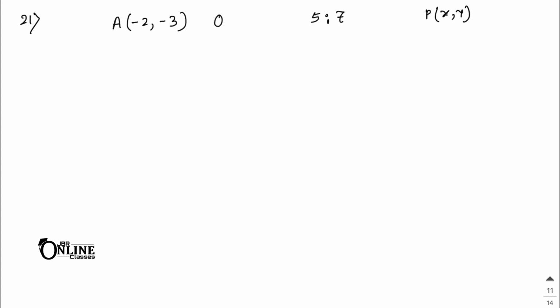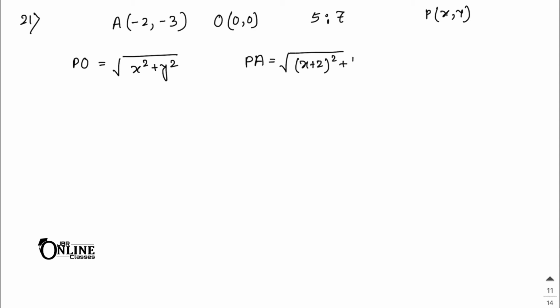Suppose A is the point (minus 2, minus 3), and the origin is (0, 0), that is O. So first you have to find the distance PA and also PO. PO will be root over x square plus y square, and PA equals root over (x plus 2) whole square plus (y plus 3) whole square.